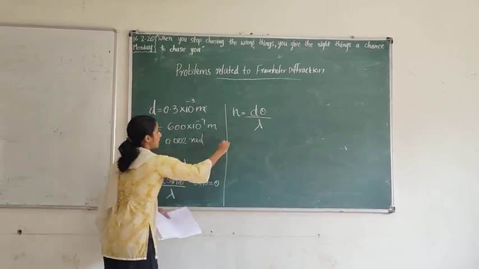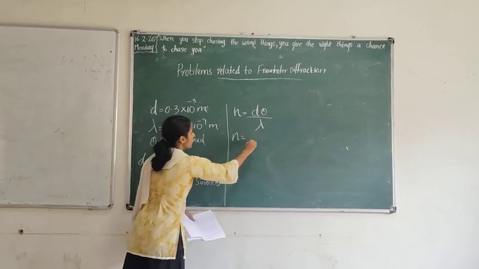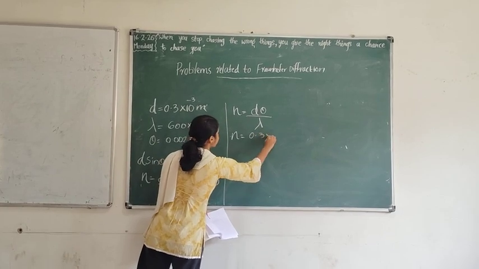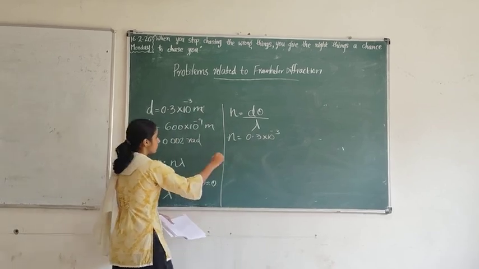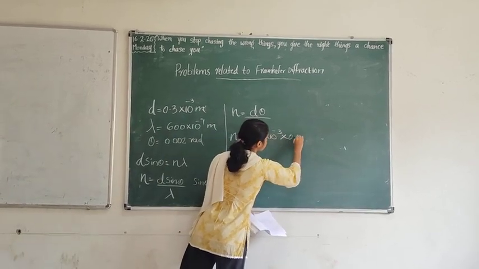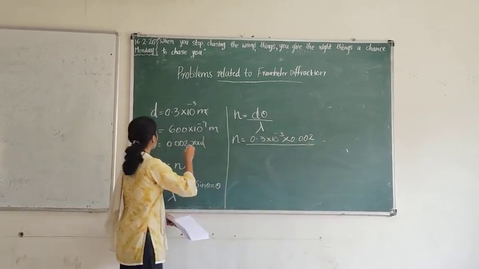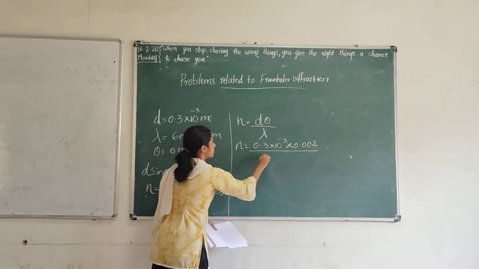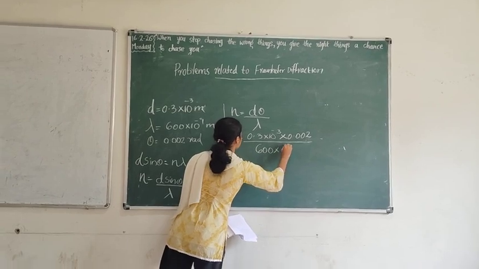Here d is 0.3 into 10 raised to minus 3, theta is 0.002 radian and lambda is equal to 600 into 10 raised to minus 9.